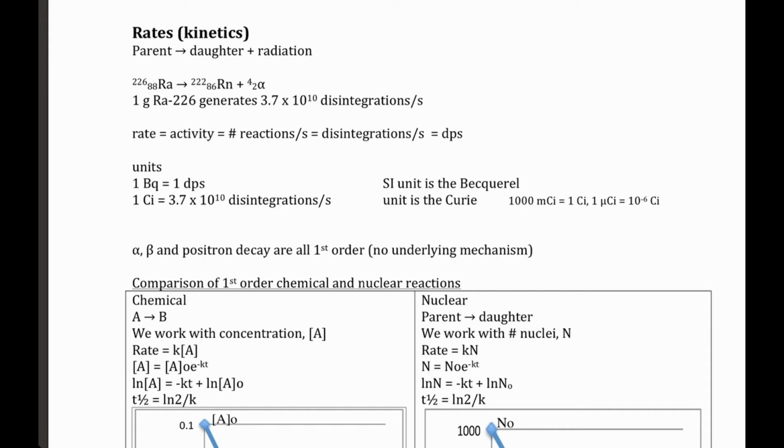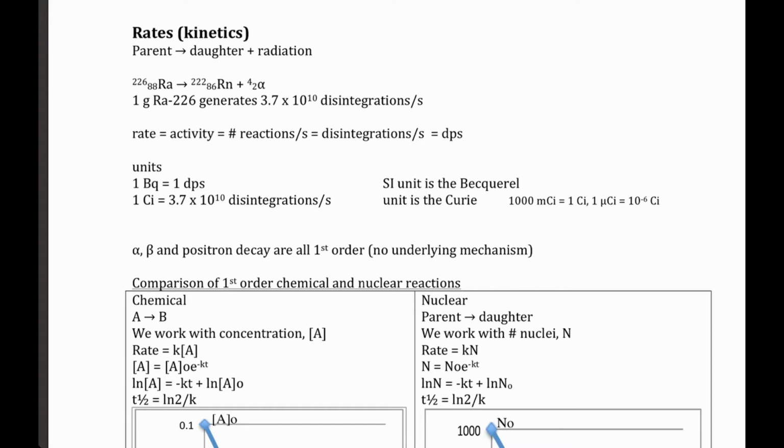We talked about radium-226 producing radon-222 plus an alpha particle. 1 gram of radium-226 generates 3.7 times 10 to the 10th alpha particles per second. Or we could say that its rate of decay is 3.7 times 10 to the 10th disintegrations per second. So that's its rate of reactivity.